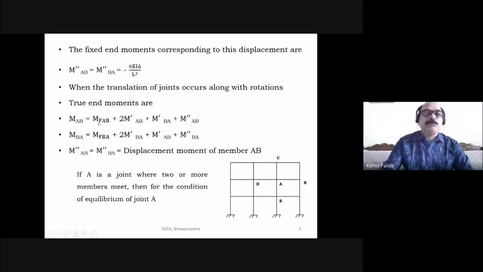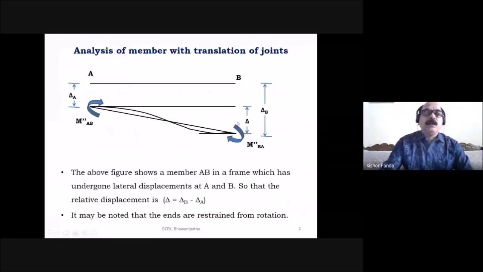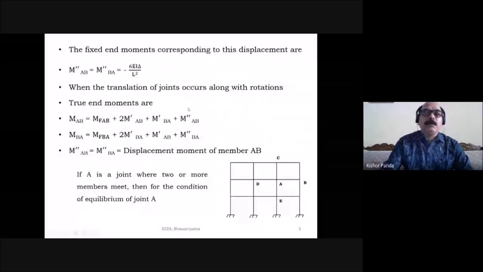Here MFAB is the fixed end moment due to the external loading, 2M dash AB is the near end rotational moment, M dash BA is the far end rotational moment, and M double dash AB is the translation moment. This is due to the lateral displacement of the ends of the member.